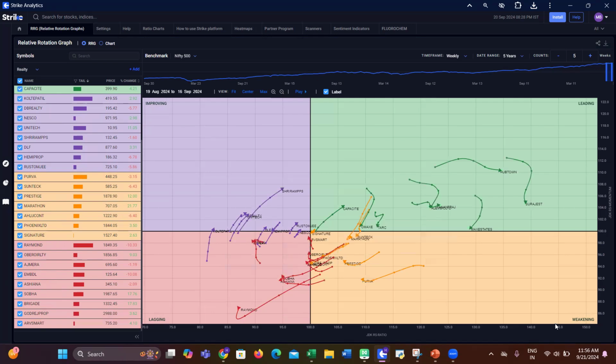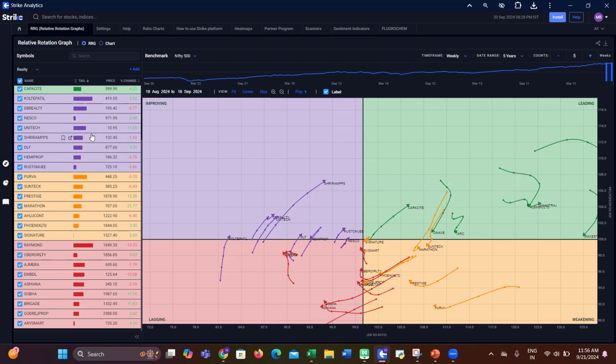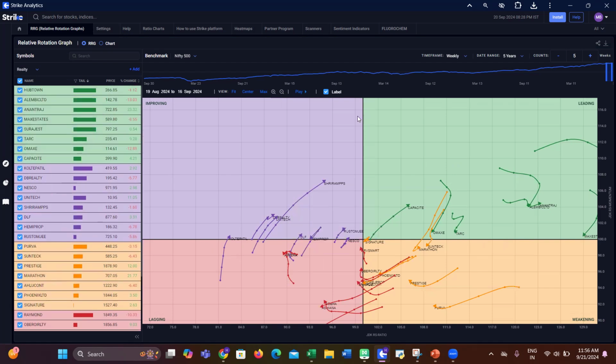If you ask me, it's a very mixed status for realty, and we have very few which are showing very good strength. Watch out for the ones which are into improving. Look at this. This is your chance. And look at this Nirvana moment. It could be a Nirvana moment. So watch out for these stocks, right?